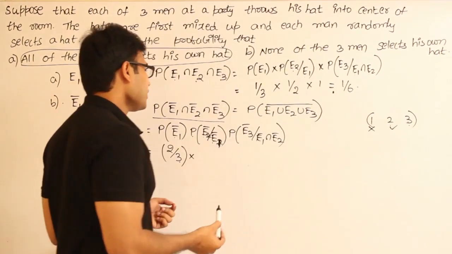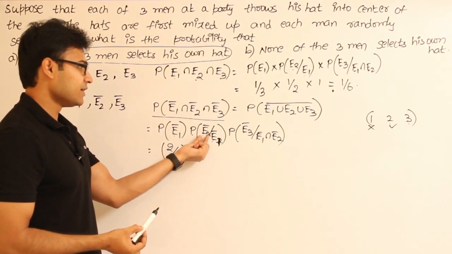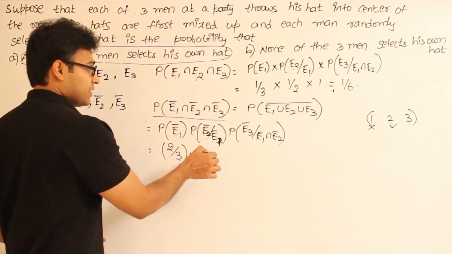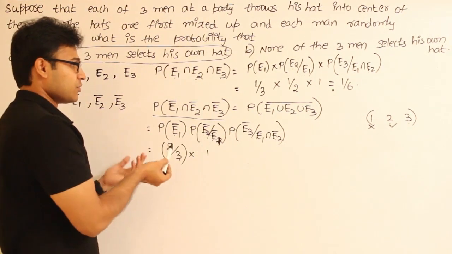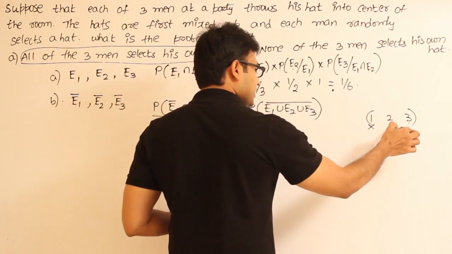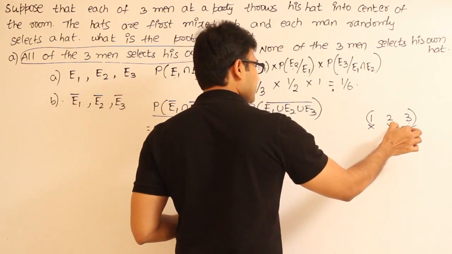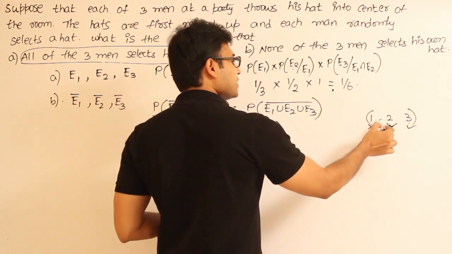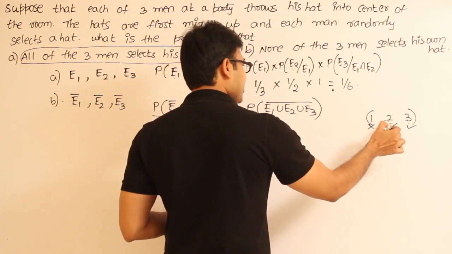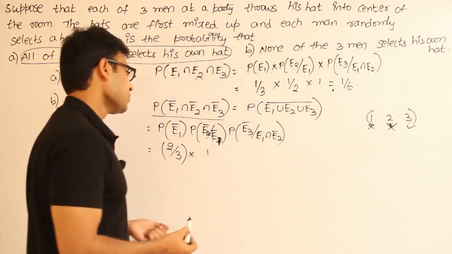Therefore the probability that E2 will pick the wrong hat is going to be 1, whatever he picks is going to be wrong. Or the other choice is, instead of picking up hat 2, the first one has picked up 3 and didn't pick up 1 and 2. Then for the second one the hats remaining will be 1 and 2. In this case, the probability of picking up a wrong hat for the second one is going to be 1 by 2.